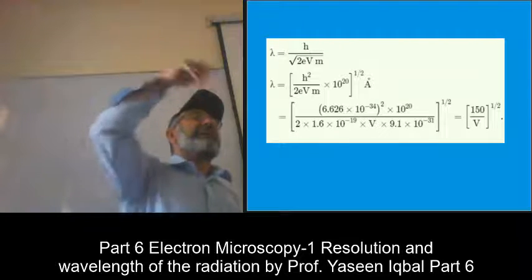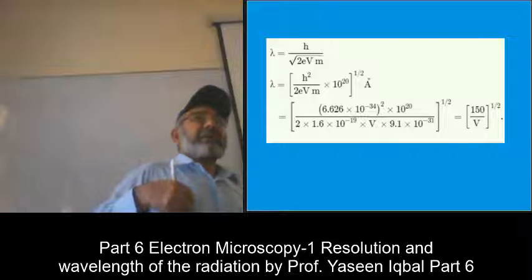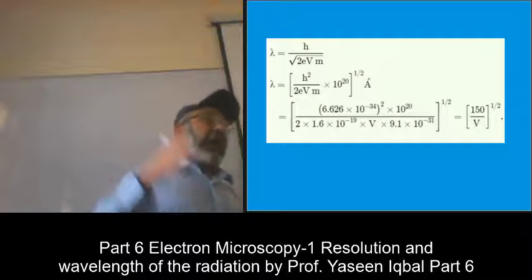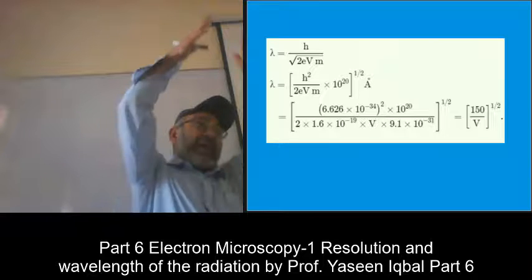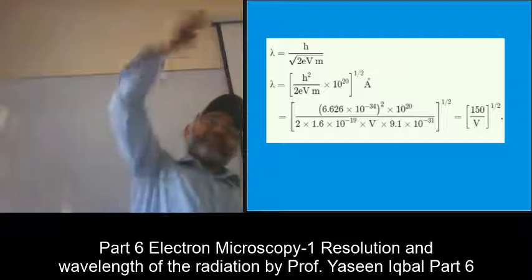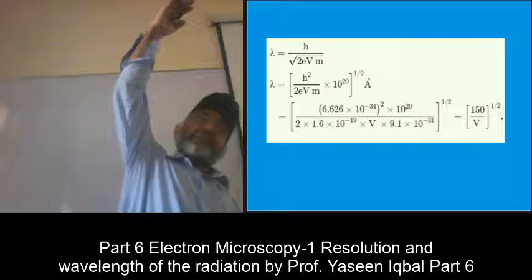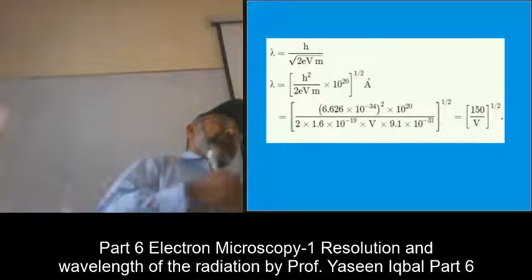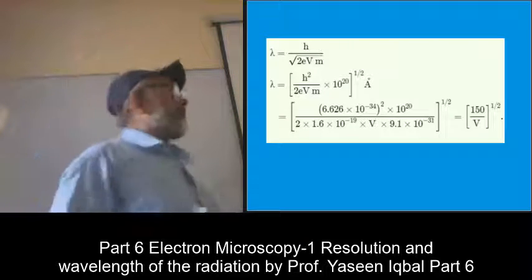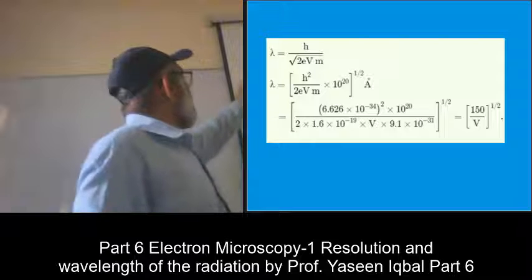They are electromagnetic coils. You produce an electromagnetic field, and that field balances, focuses, accelerates the electron from the electron gun down to the sample, and then it crosses the sample or is deflected by the sample and reaches the screen.